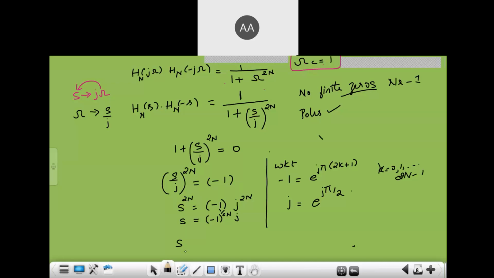So you can write sk as e power j pi into (2k plus 1), since minus 1 you wrote like this, this whole thing to the power 1 by 2n, into e power j pi by 2.